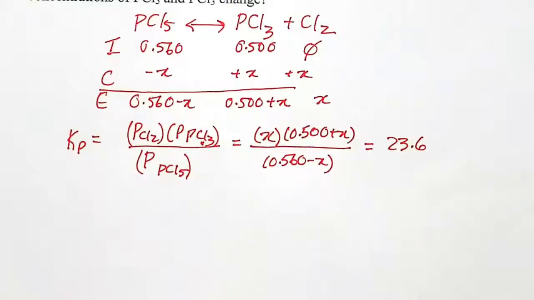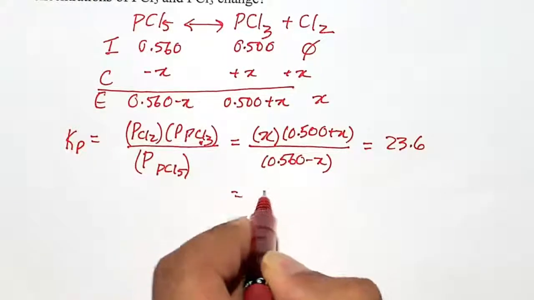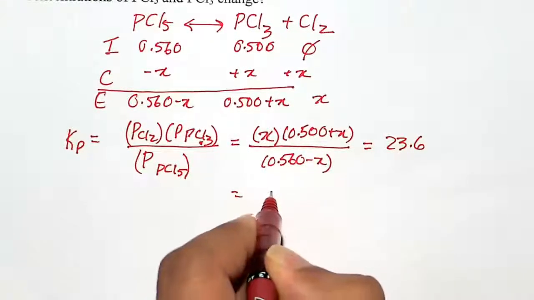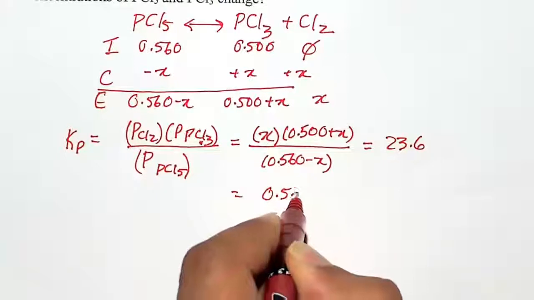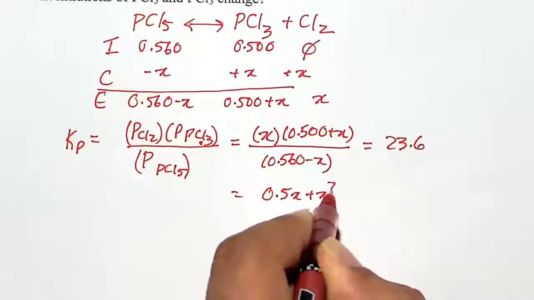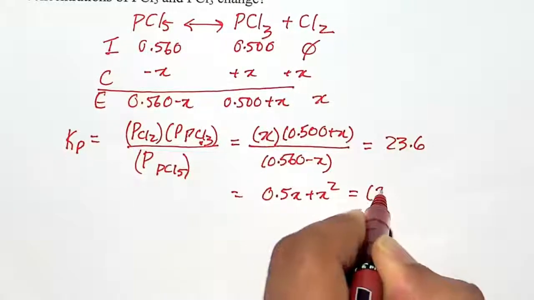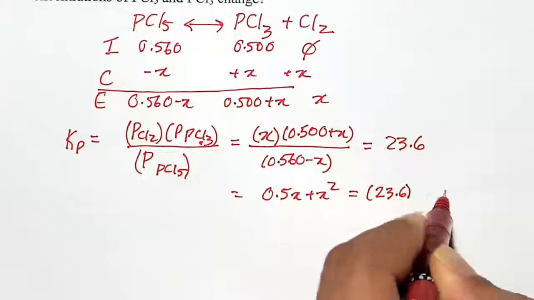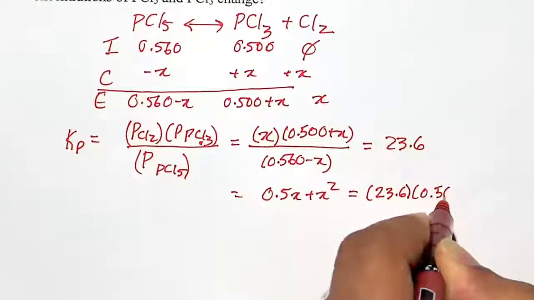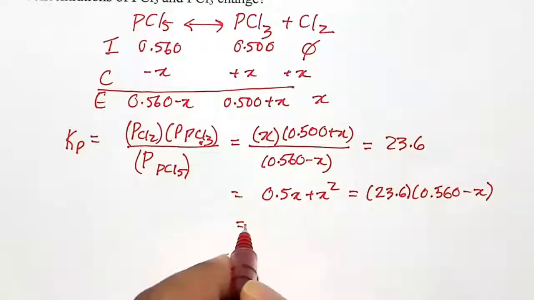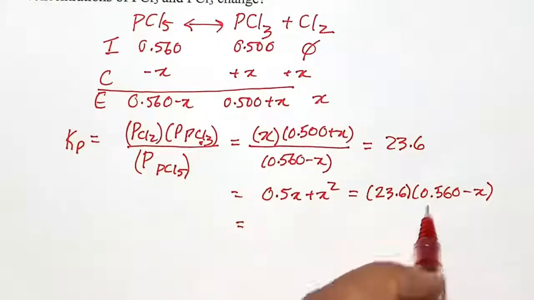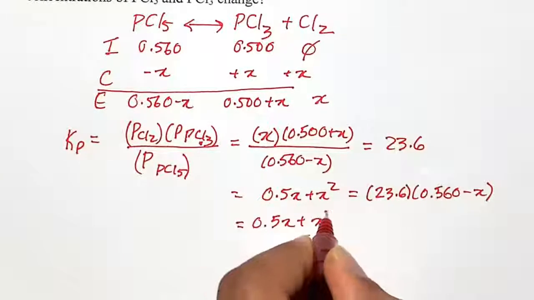So we have to do a significant amount of algebra here in order to isolate the x term. I will distribute this x in the numerator and get 0.5x plus x squared. That has to equal 23.6 times 0.560 minus x. Let's distribute this and see what we get. 0.5x plus x squared.